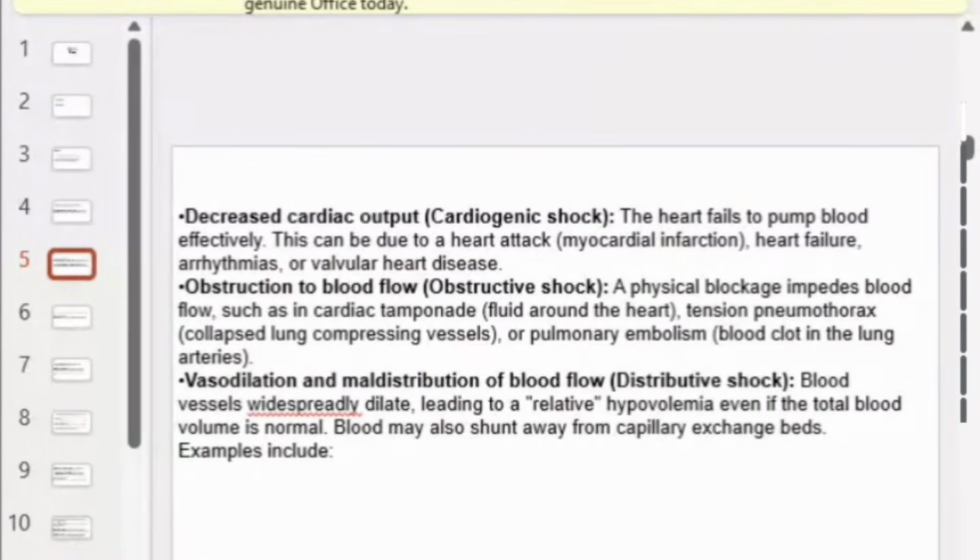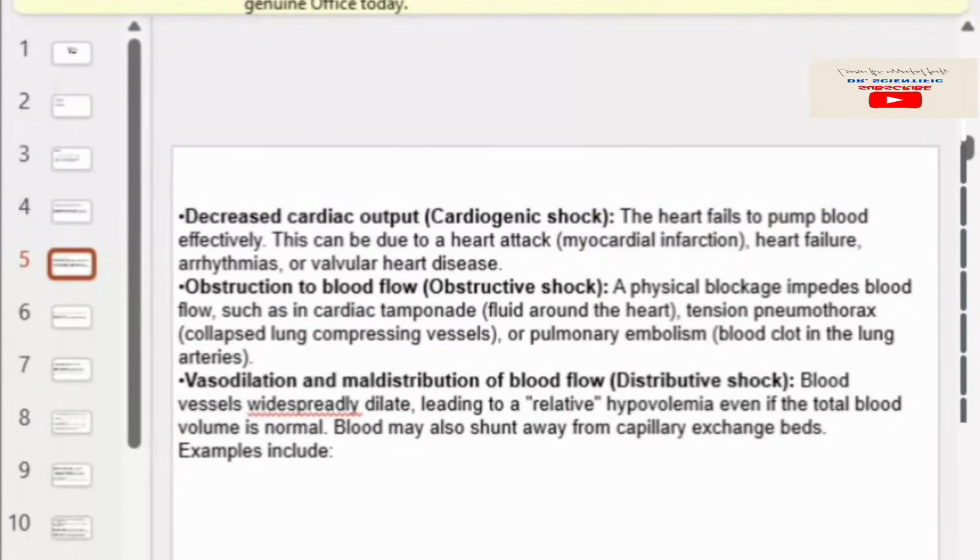For example, you might go into septic shock, which is caused by a systemic infection which has led to massive vasodilation, leading the blood to be shunted away from the capillary exchange beds. Or it might be caused by increased vascular permeability.